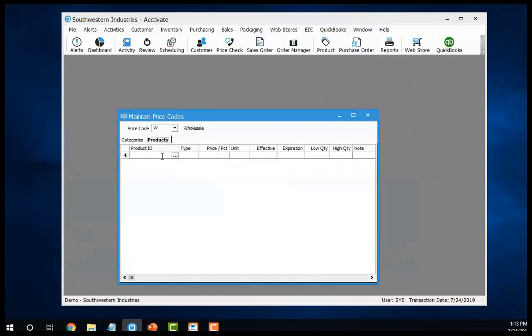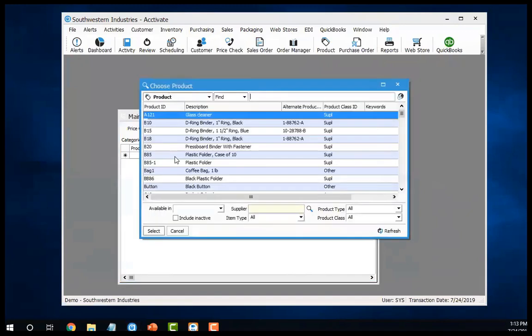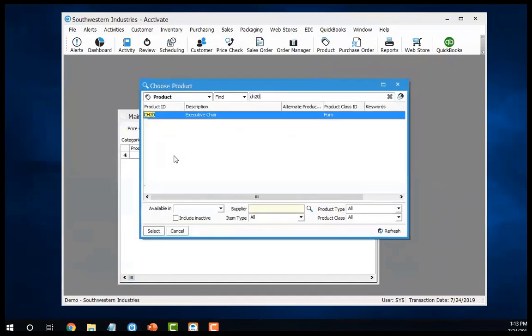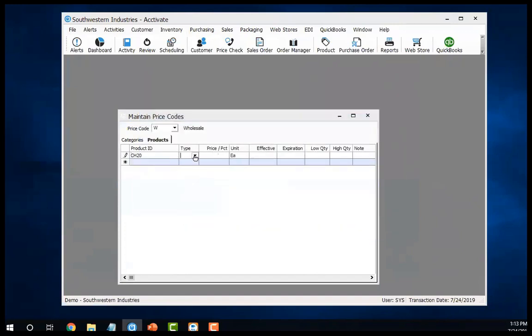I can click on this Products tab and define a product-specific relationship. Add CH20 here. Let's say it's, I don't know, 385. And now we have both relationships.